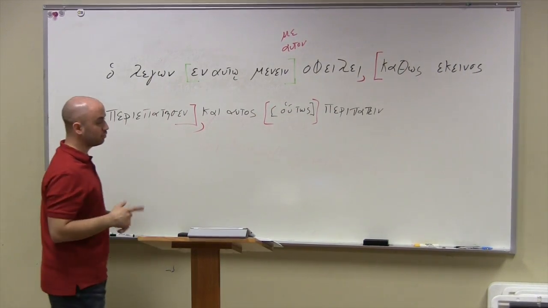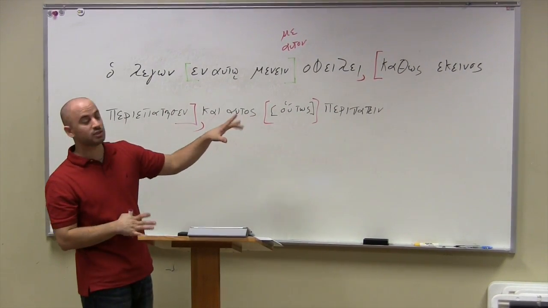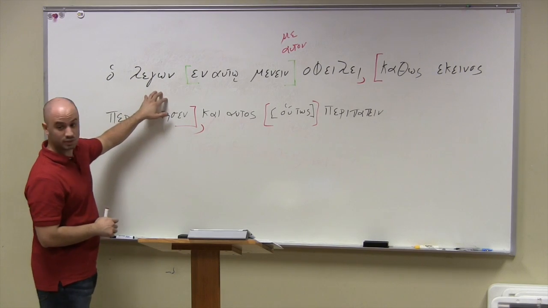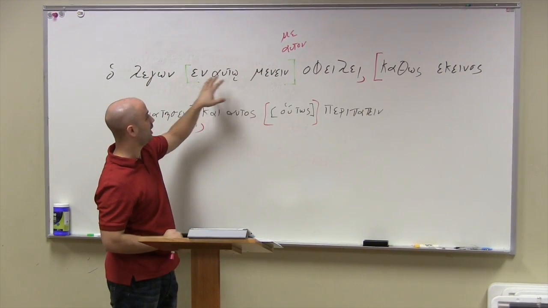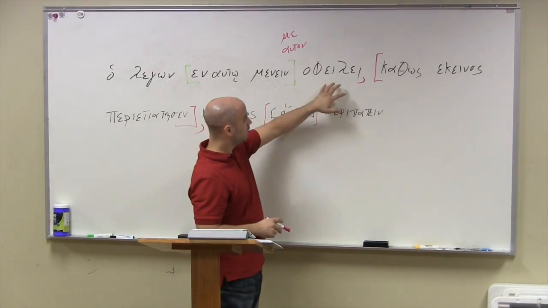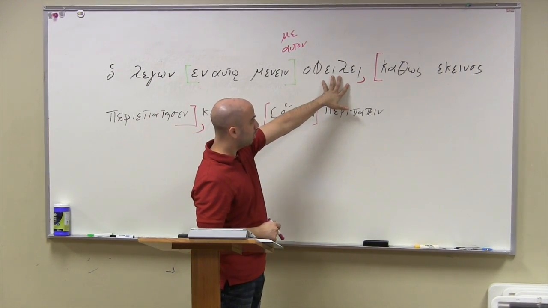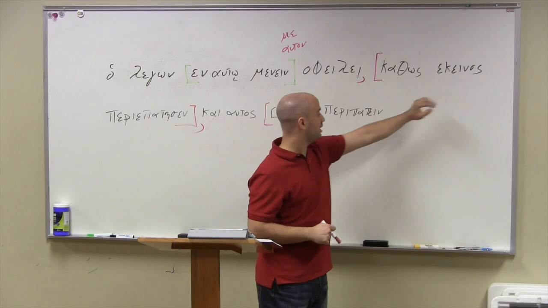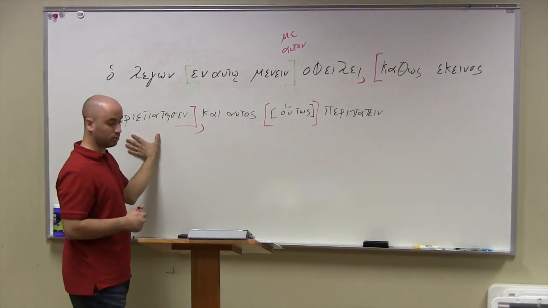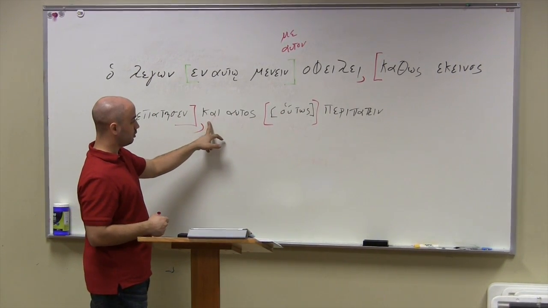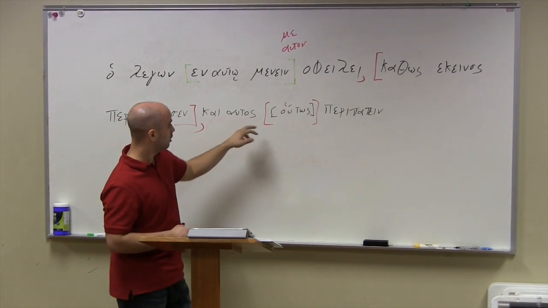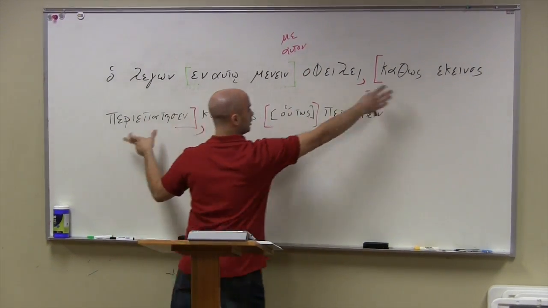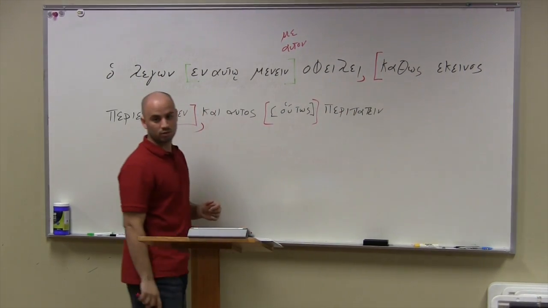So follow with me one more time if I'm going through it as it's written. The one who says, this is what he says, I remain in him, ought, just as that one walked, also he ought likewise, like this, to walk.